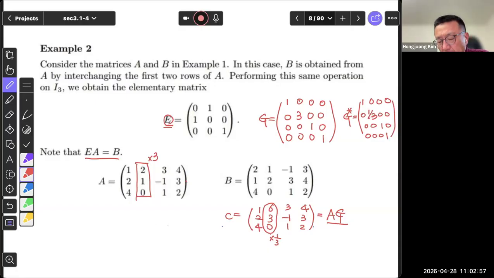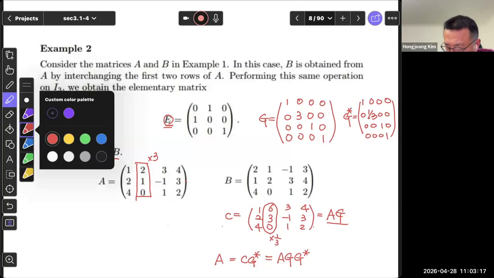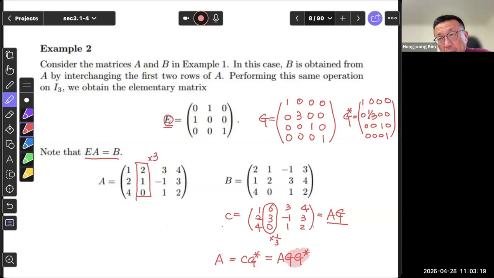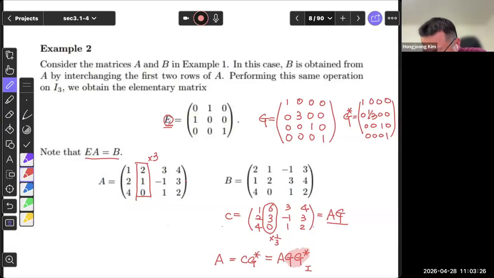And given this C matrix, if I multiply G star, you get A matrix, as we know. And C was A times G. So this G star multiplication will give you the identity matrix. That means the inverse of G will be G star.